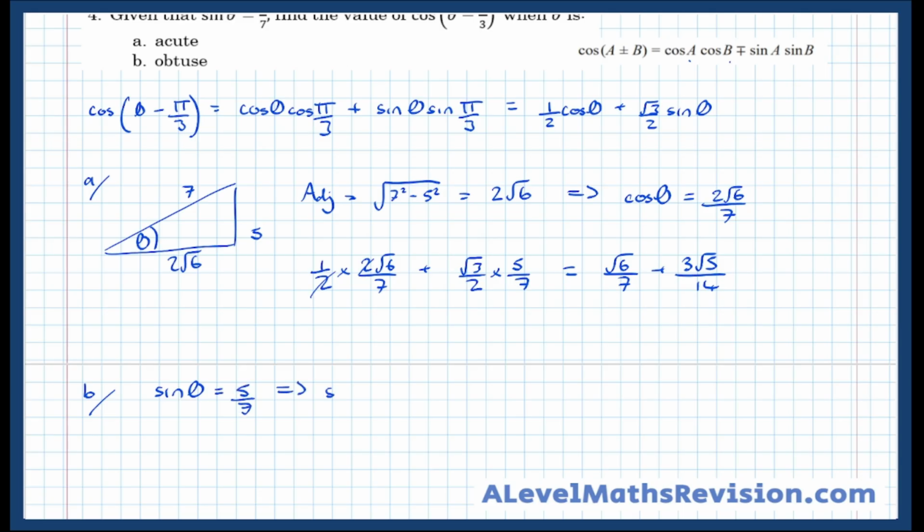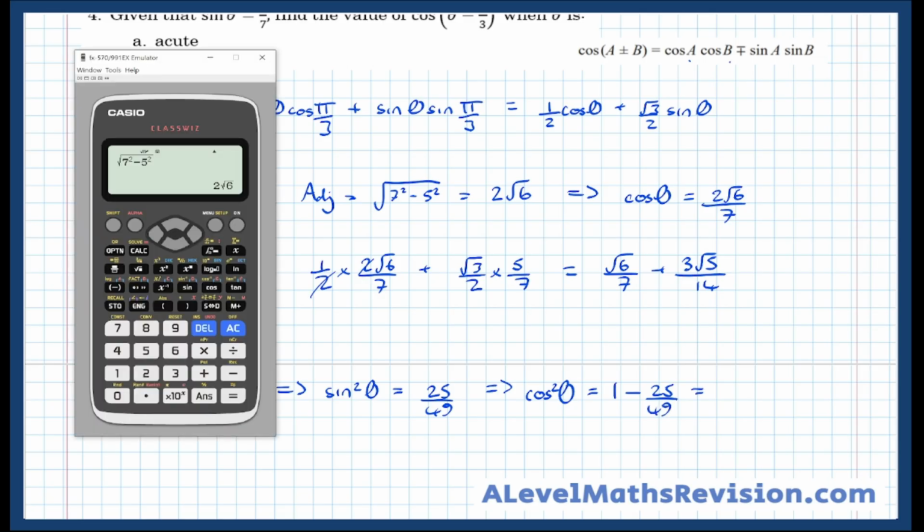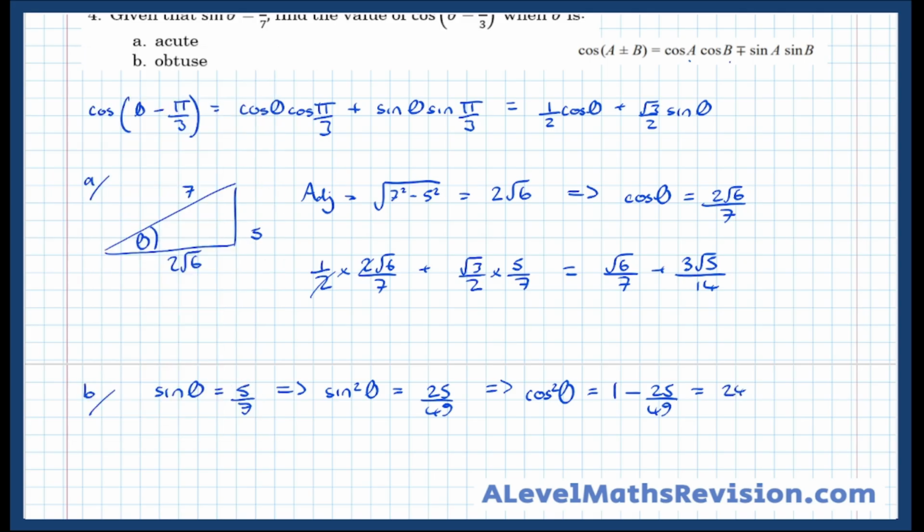which means that sine squared theta equals 25/49, which means that cos squared theta is 1 minus sine squared theta. So 1 minus 25 over 49, which is equal to 24 over 49.